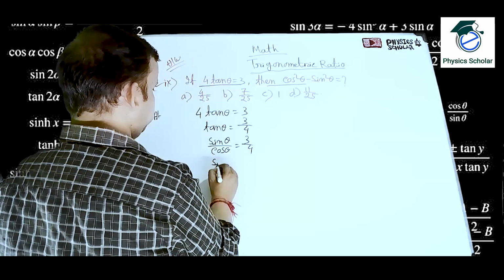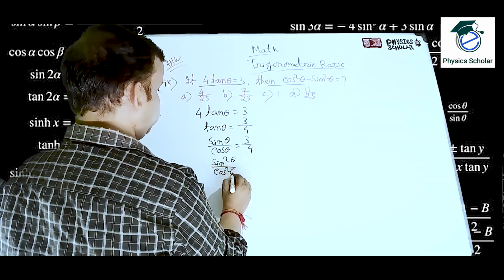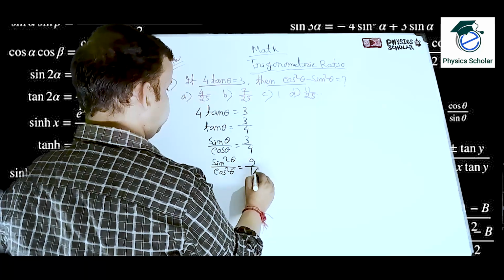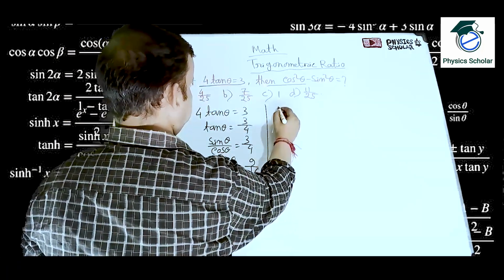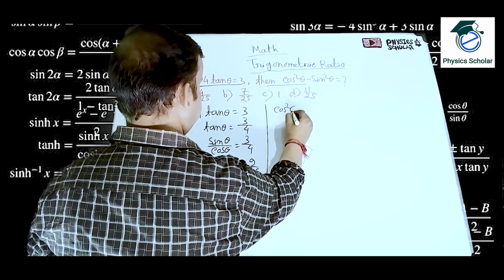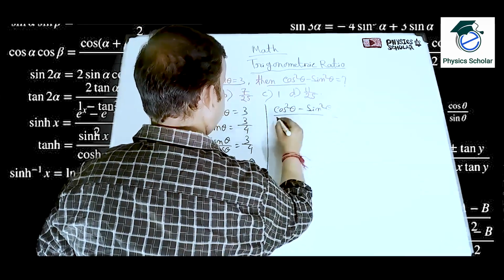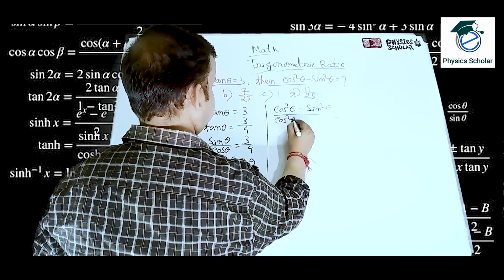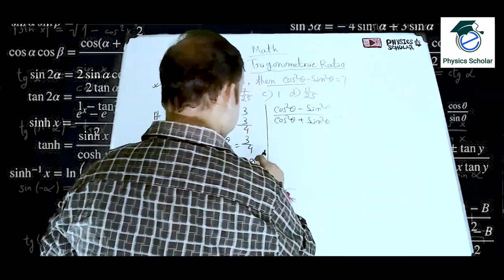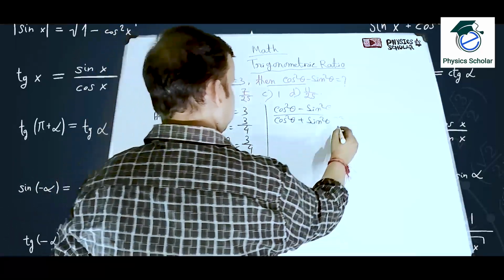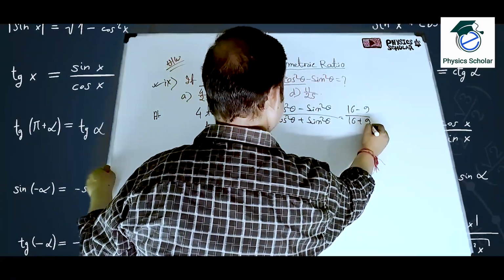Now squaring both sides, what we can write? Sin square theta by cos square theta is equal to 9 by 16. Clear? So now componendo dividendo. Cos square theta minus sin square theta divided by cos square theta plus sin square theta. Here also we have to do the same. 16 minus 9 by 16 plus 9.